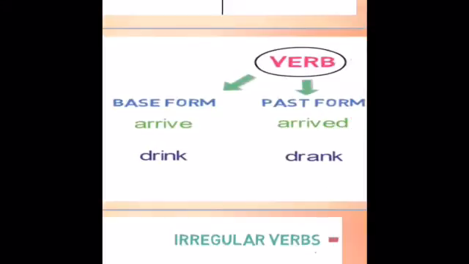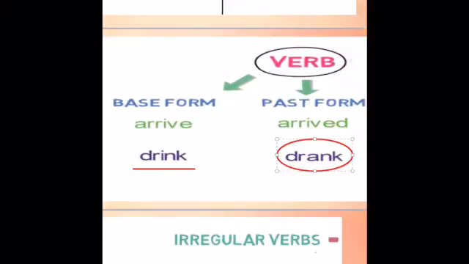Okay, so let's continue. Drink. Drink is a verb in the base form. So how would it be in past form? Drunk. Drunk is going to be the past form of drink. Okay, so that means this is an irregular verb.